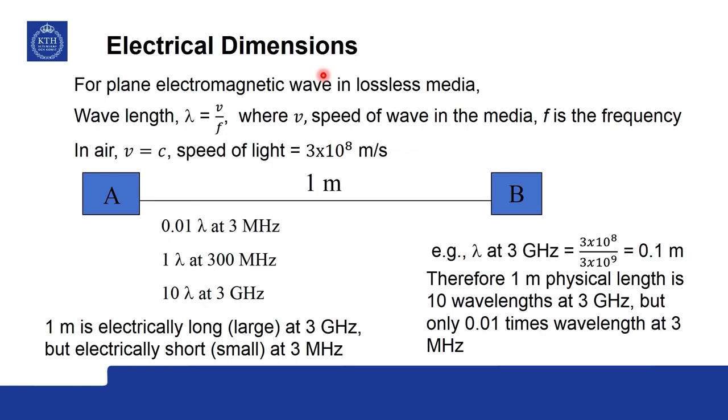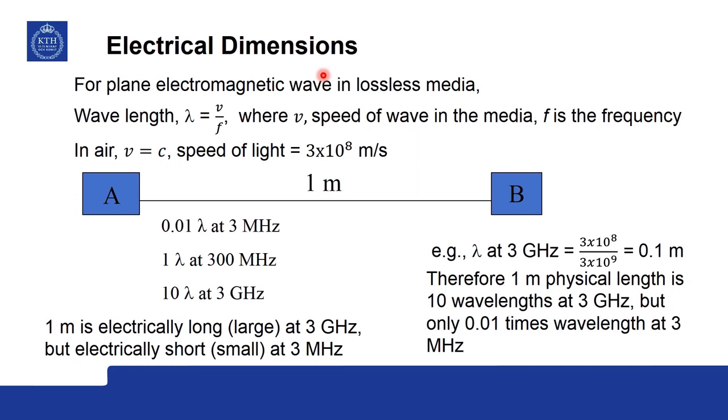We have a physical dimension, say 1 meter, 10 meters, and we have an idea in the mind. But in electrical engineering, whenever we have alternating currents, or in electromagnetics, spatial distances have some meaning, but more meaning is attached to electrical distances. So, that is what we will define here.